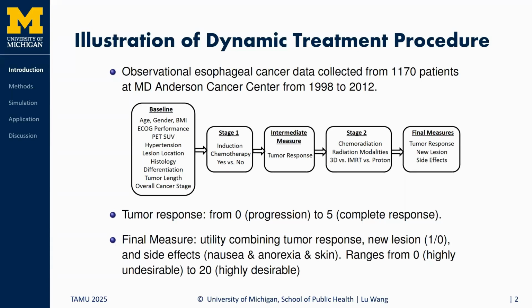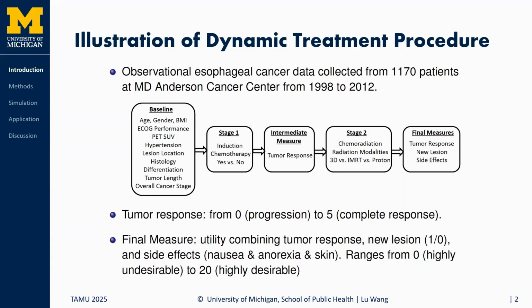Also their PET SUV value and whether the patient has hypertension, or the lesion location, histology, tumor differentiation, tumor size, tumor length, and overall cancer stage. You can have potentially a bunch of those. Besides those, you may have biomarkers as well. So we put everything together as baseline variables.